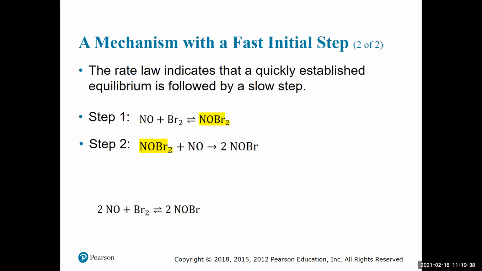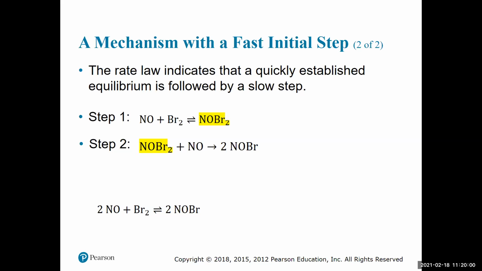So NO is reacting with Br2 to form NOBr2, and NOBr2 is going back the other way at some equilibrium. In the meantime, the NOBr2 that's formed here would be called what? Be called the intermediate, right?